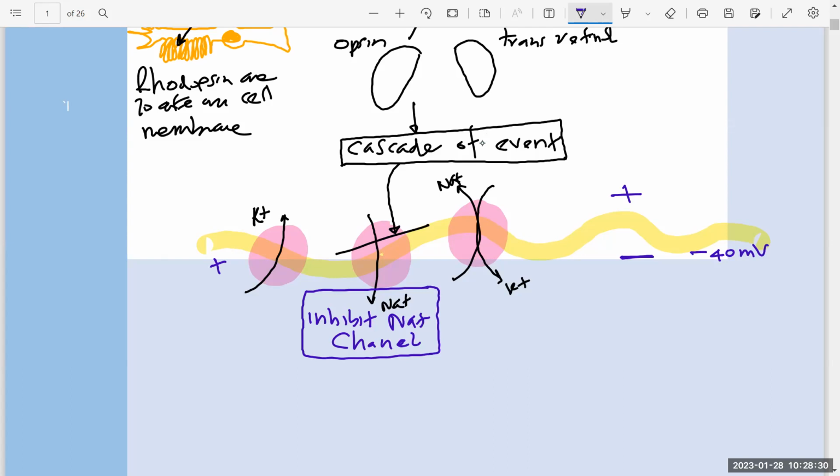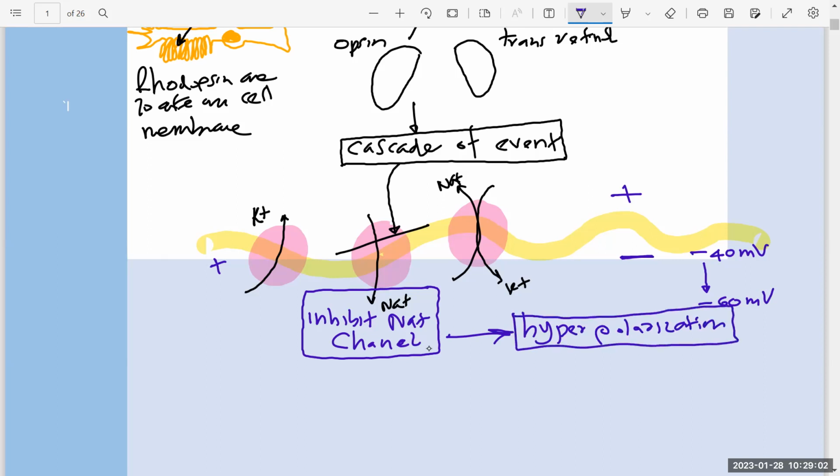It's getting more negative because inside is getting more negative. So when it gets more negative, we could expect even minus 60 millivolt. It can reach minus 60 millivolt. So this causes hyperpolarization. Getting more negative is hyperpolarization, right?